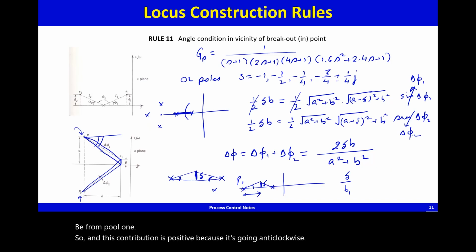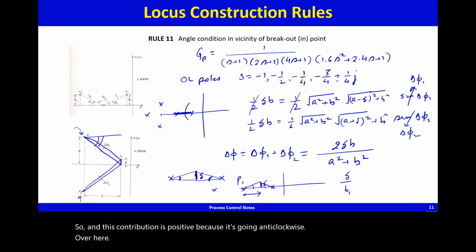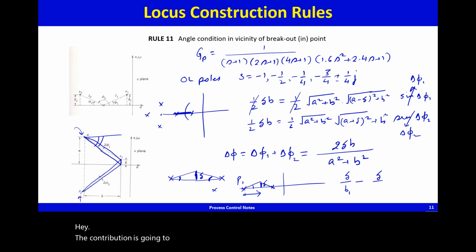Over here the contribution is going to be minus delta by b2, and the contribution of this pole is going to be plus delta by b3.